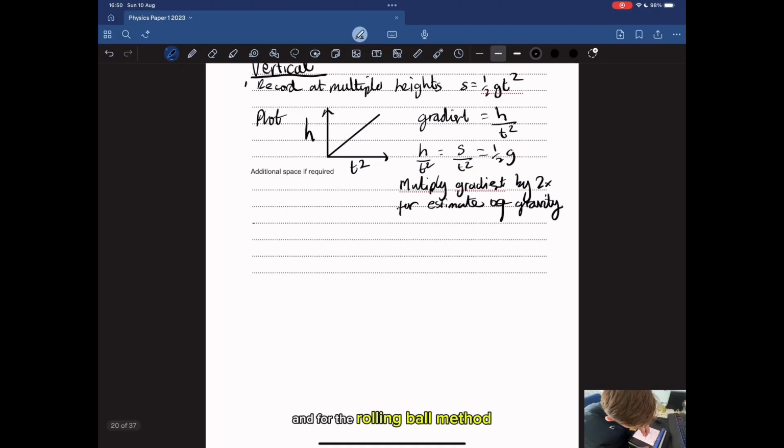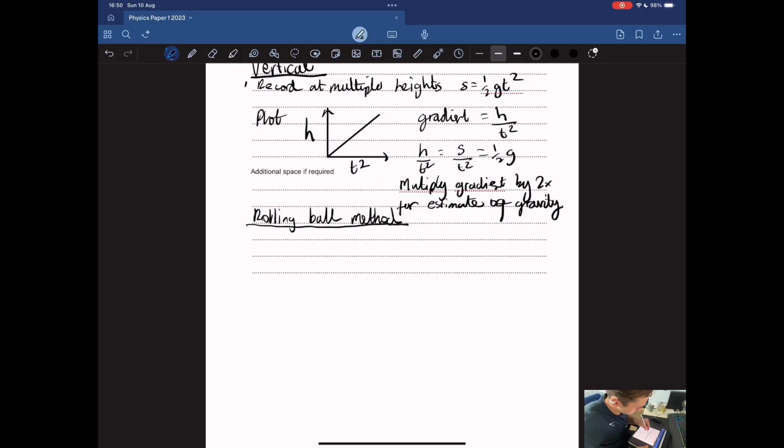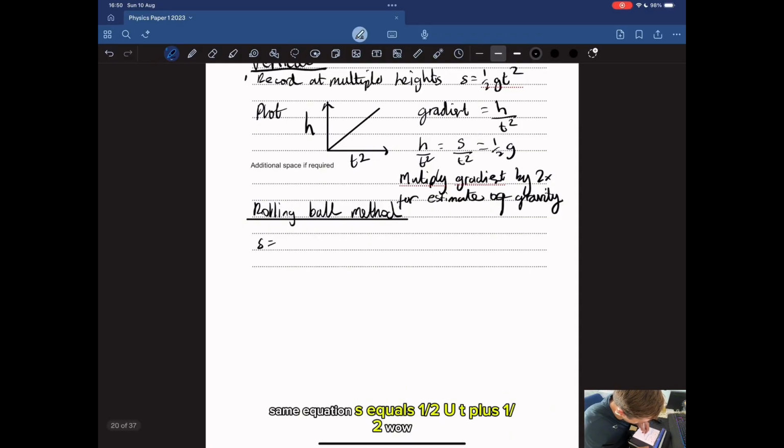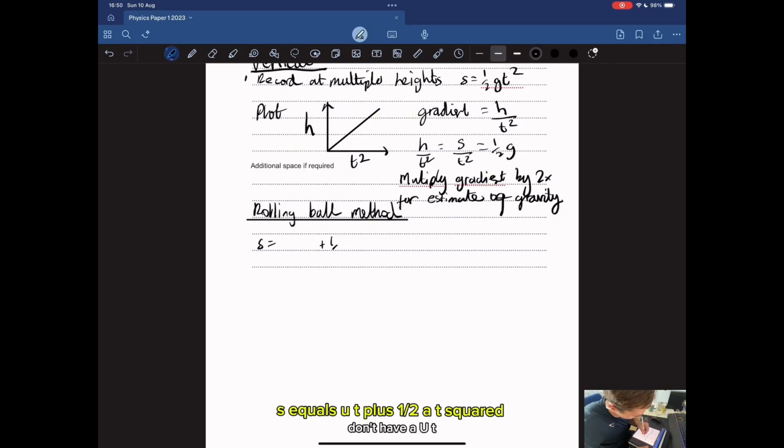And for the rolling ball method, I guess we're going to use the same equation, s equals ut plus a half a t squared.